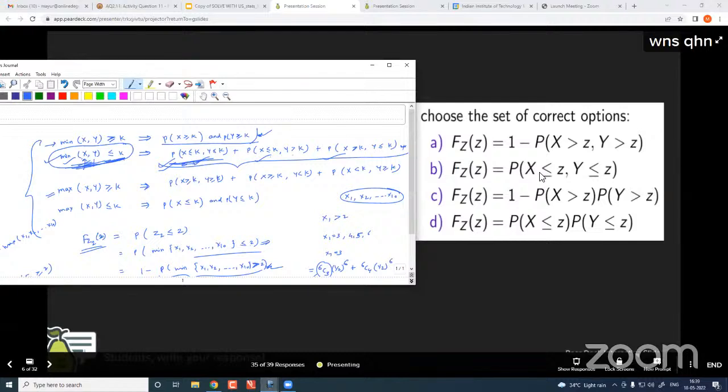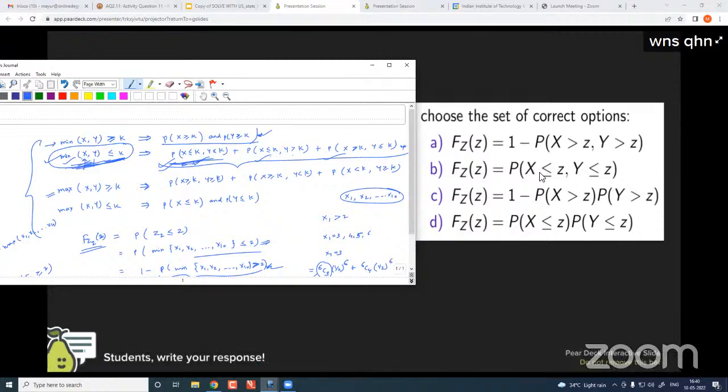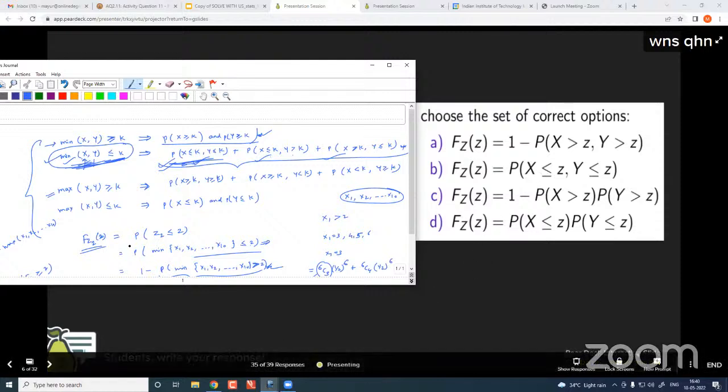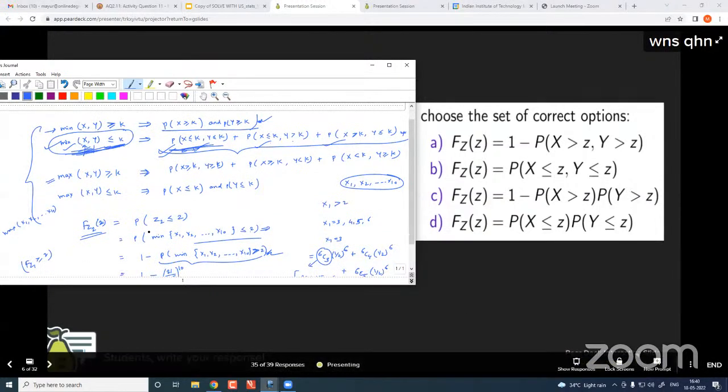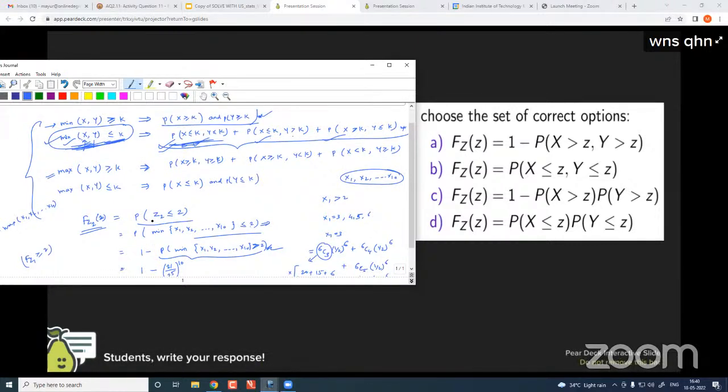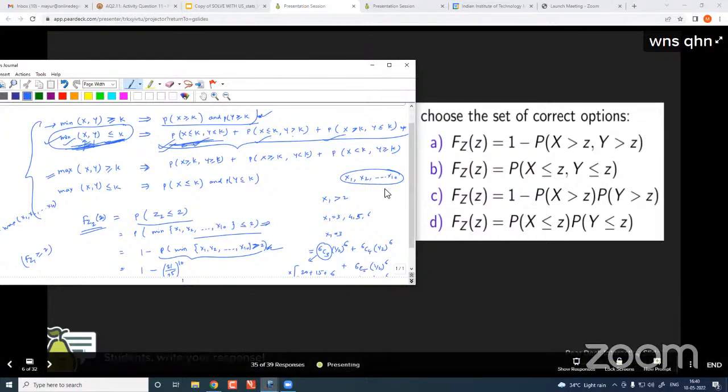So the fifth line where you have written FZ, up to that. I believe that line is similar to option B. Or am I wrong? Could you please explain? This line is not the same as this, right?